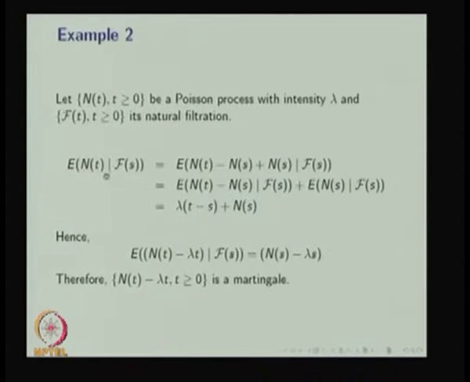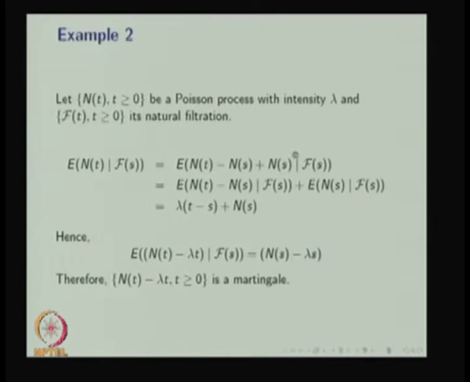The conditional expectation of N of t given F of s, where F of s is the filtration at time s, or the information till s. Obviously here s is less than t. To find this conditional expectation, we add and subtract N of s with N of t.